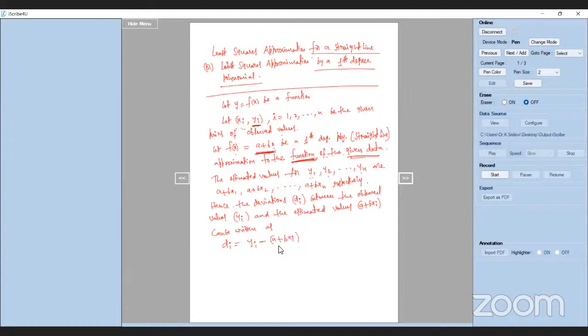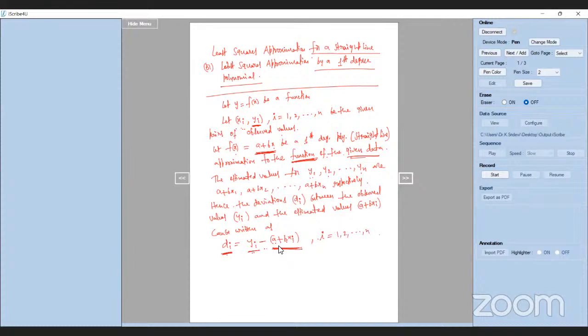So this means that the difference of observed value and estimated value is nothing but the deviation. y1 minus (a plus b x1) is equal to d1. y2 minus (a plus b x2) is equal to d2. And so on, yn minus (a plus b xn) is equal to dn. So here we are taking di is equal to yi minus (a plus b xi), where i is equal to 1, 2, and so on, n.